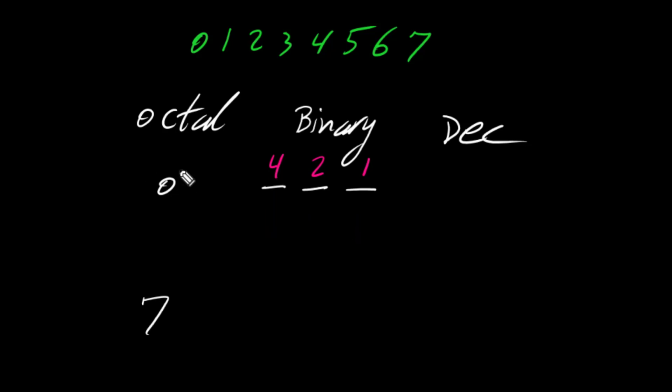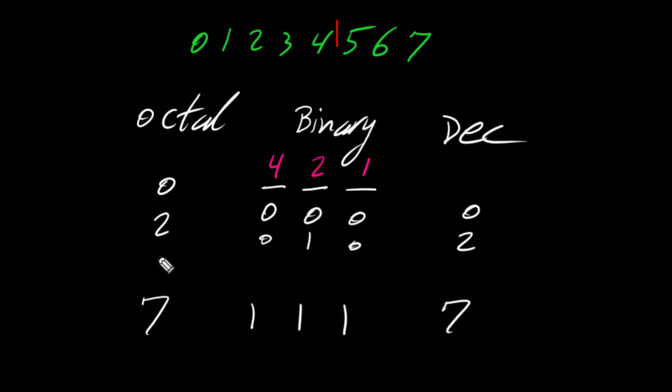For octal 0, we have all 3 bits turned off, and decimal is 0. For octal 7, all the bits are turned on: 4 plus 2 is 6, plus 1 is 7, and the decimal value is also 7. Let's take octal 2. Only the 2 is turned on, and decimal is 2. Let's take 5.